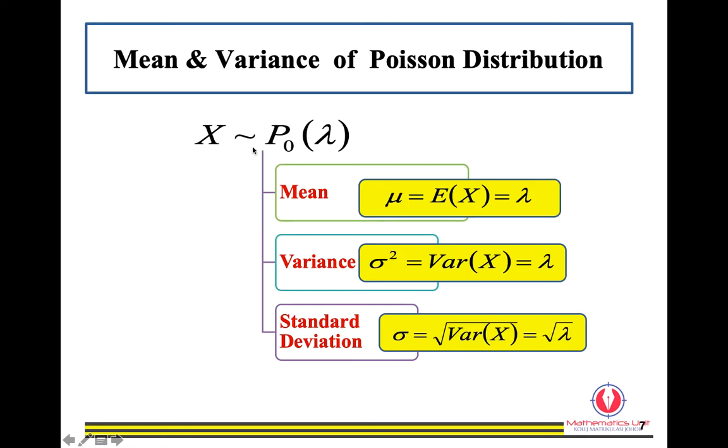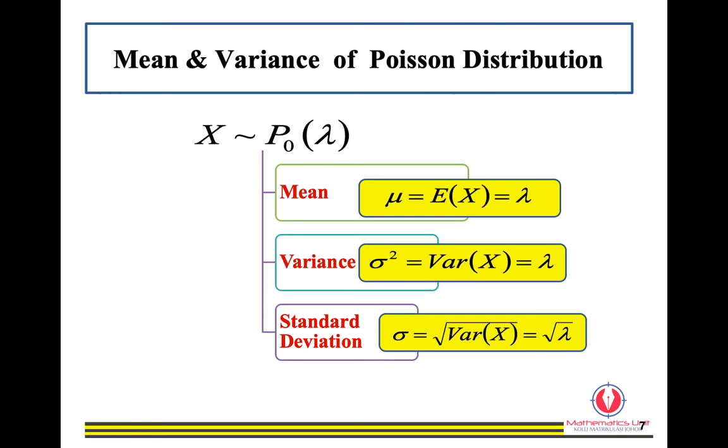For a Poisson distribution with lambda as its mean or average, the mean and the variance of the Poisson distribution is the lambda itself, where the standard deviation of the Poisson distribution is the square root of the lambda.